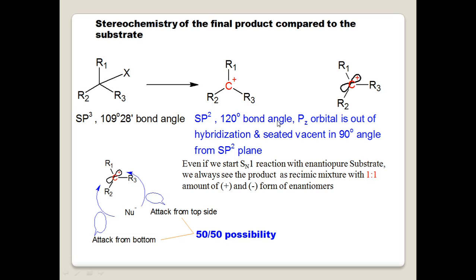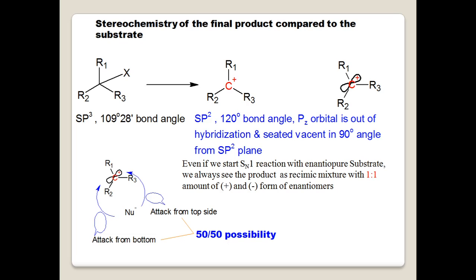Now if the molecular plane stays on the xy plane, then the pz orbital will orient itself over the z axis, perpendicular to the xy plane. Now the pz lobe will be oriented both above the plane and below the plane of the xy plane.